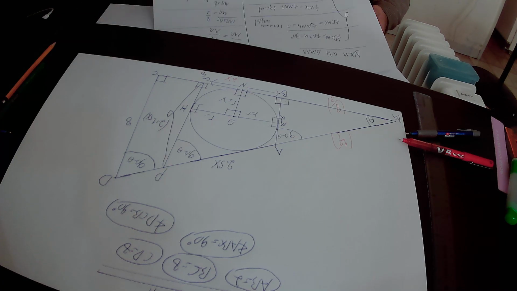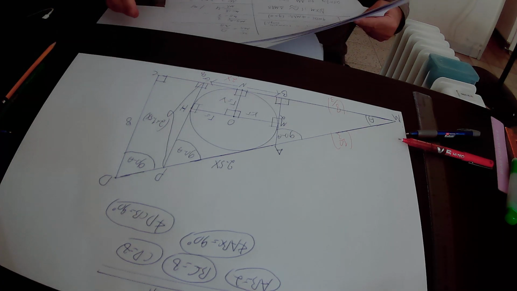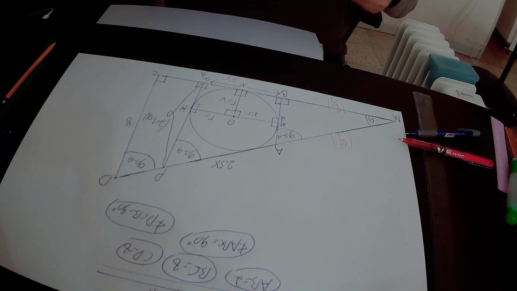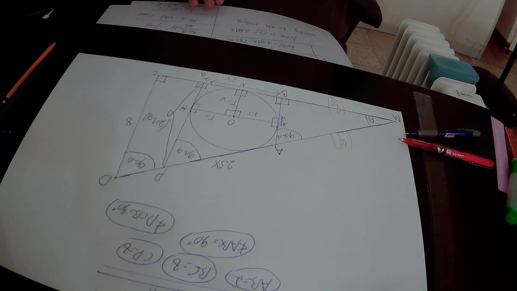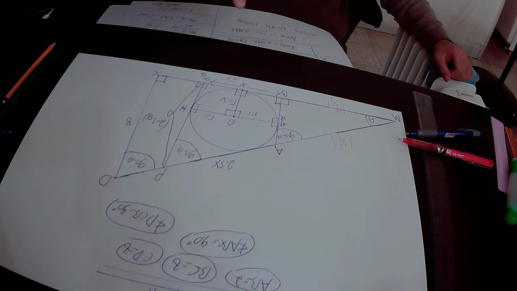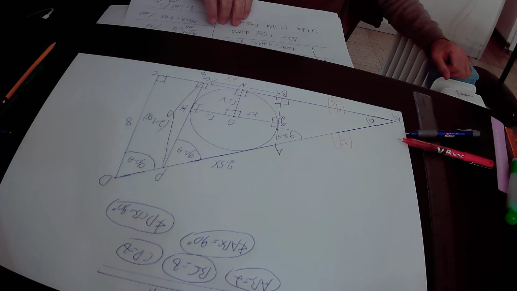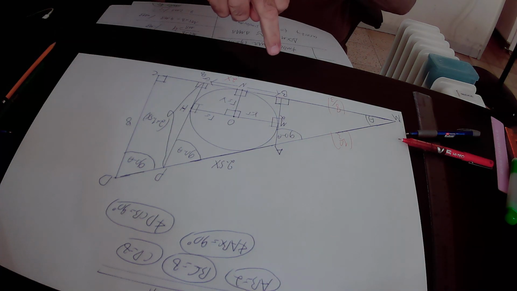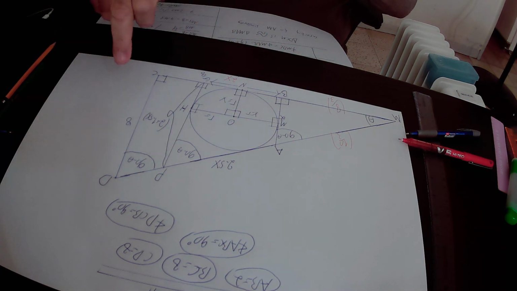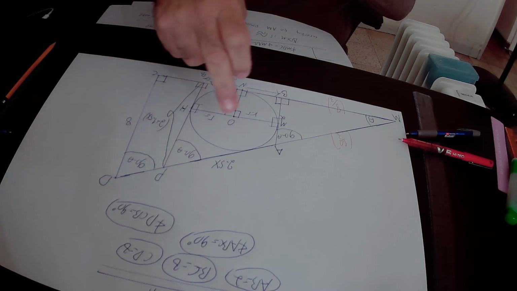In this lecture we found out the area of this circle. This circle is actually inside quadrilateral ABCD.